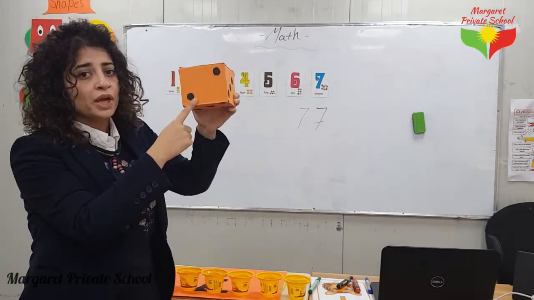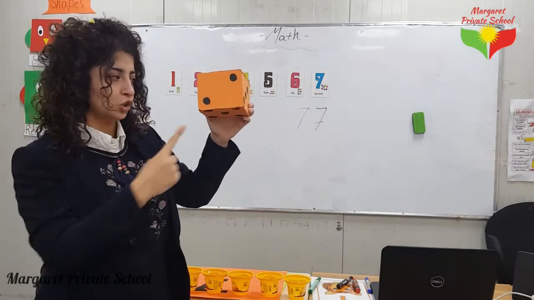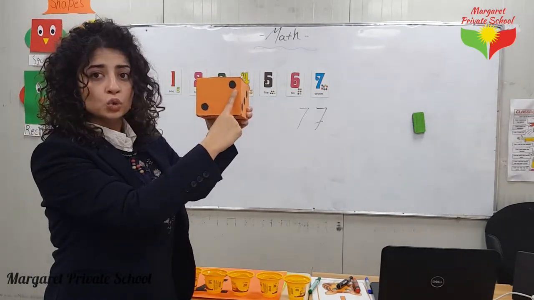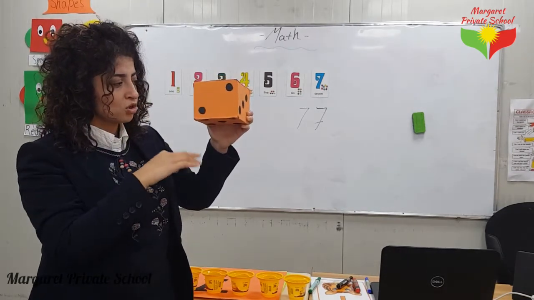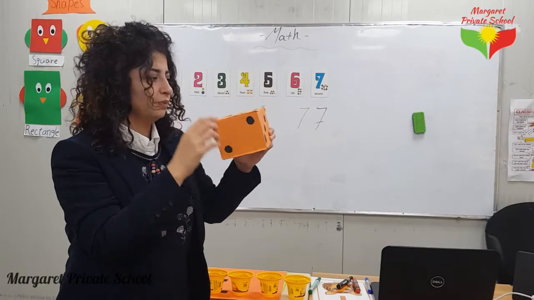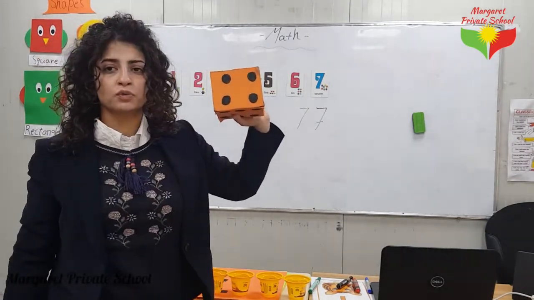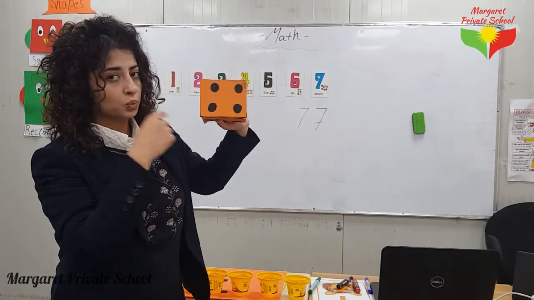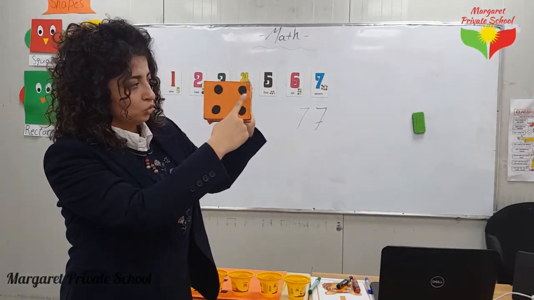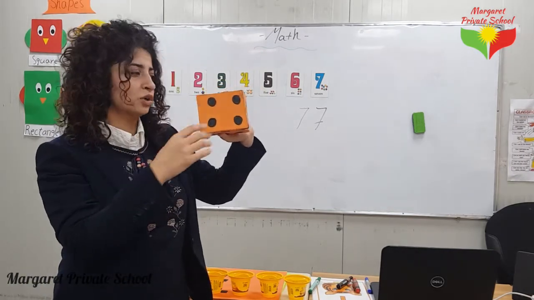From the space we have which point? 3? No, let's count. 1, 2. On this dice we have 2 points. Now, from here we have which point on this dice? Let's count. 1, 2, 3, 4. We have 4 points.